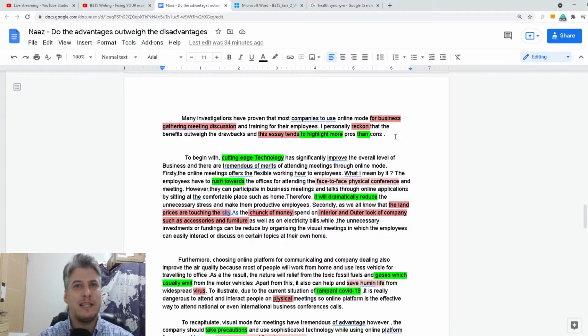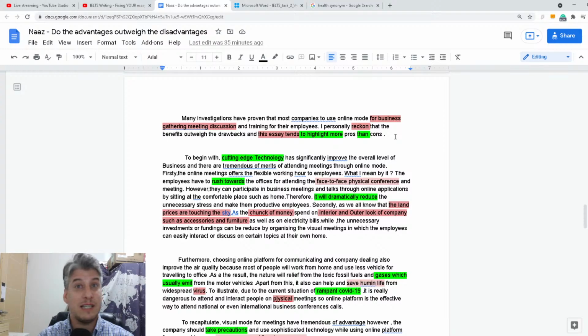You know, I reckon it's going to be a good football match this Sunday. I wouldn't use reckon like this in an IELTS paper. Use it in your speaking, excellent, but don't use it in your writing. I believe this would be better. Yeah, and then I just highlighted this phrase, this essay tends to highlight.